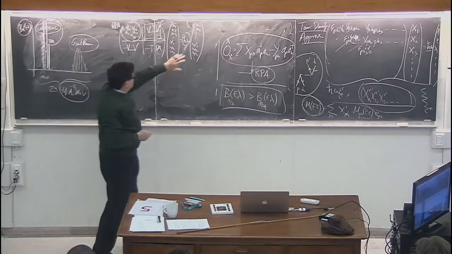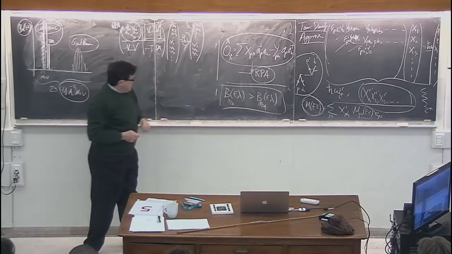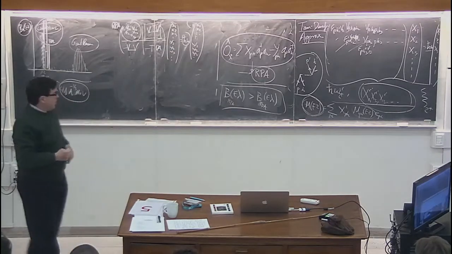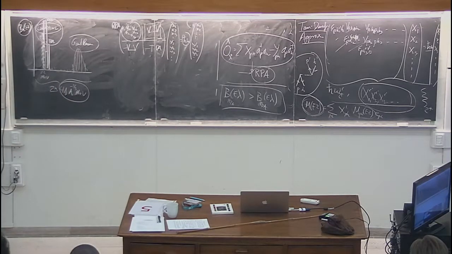I told you that the Tamm-Dancoff and RPA structure spectra are similar, low-lying and giant resonance. Let me say just a few words on why this is the structure, and what is exactly the meaning of this low-lying state.